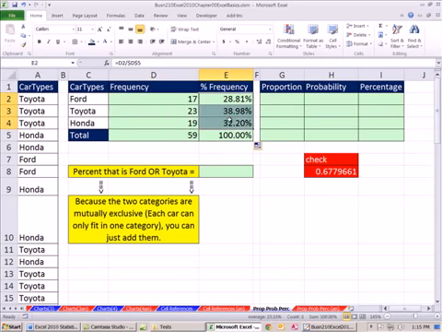This will be called percent frequency. I always think of, from basic math, comparing the parts to the whole. But this is the percent frequency. We can say 28% of the cars sold were Fords, 38% Toyota, 32% Honda. So in Chapter 2, we'll call this percent frequency.